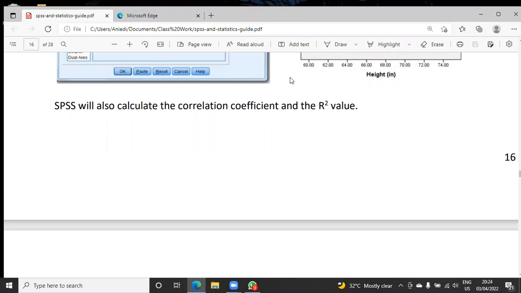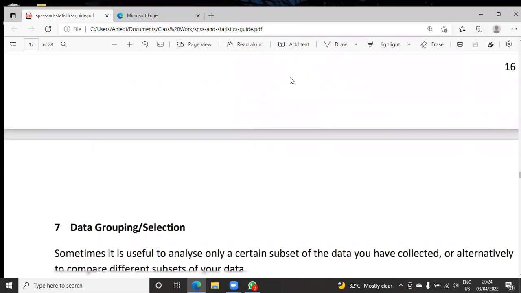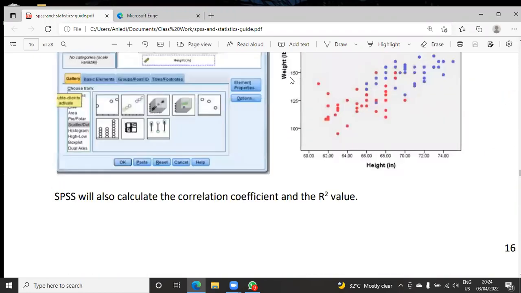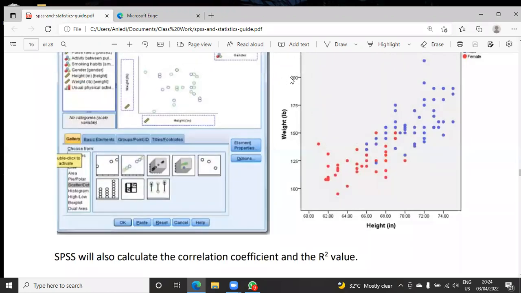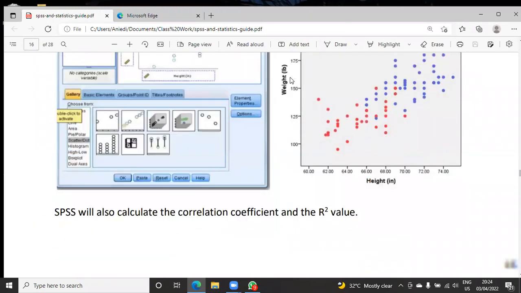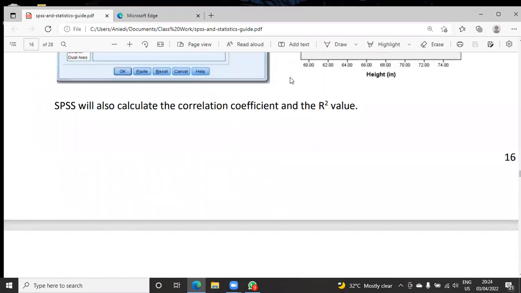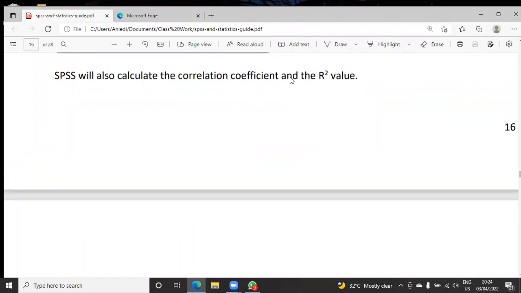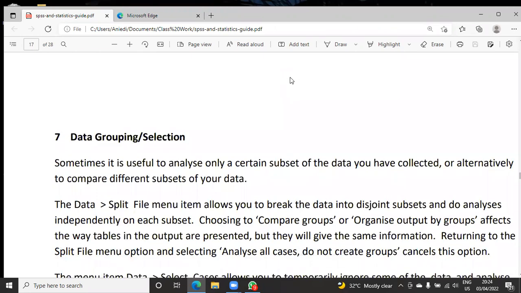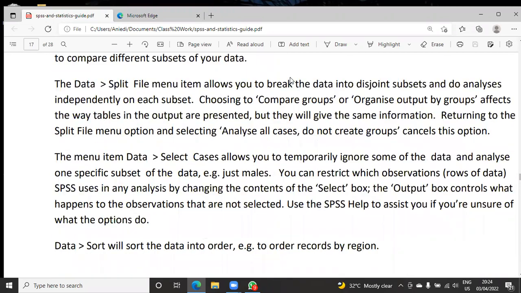Now let's see the correlation coefficient that they calculated. They've not calculated it, but we would have seen that the correlation would have been above 0.5, so it would have been a very high correlation.